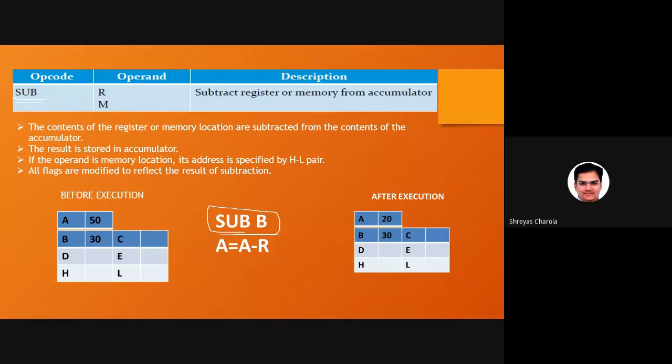Niyati, Nishita, Niyati, Nupur, are you there? Did you understand or not? That's what I'm asking. Nupur?